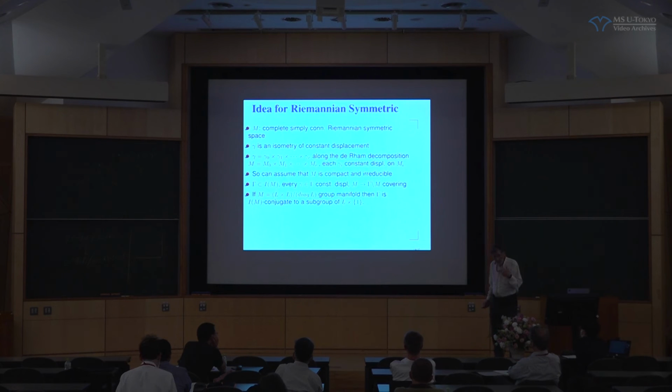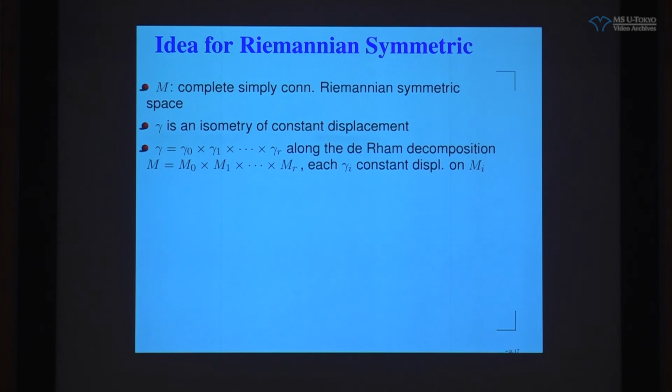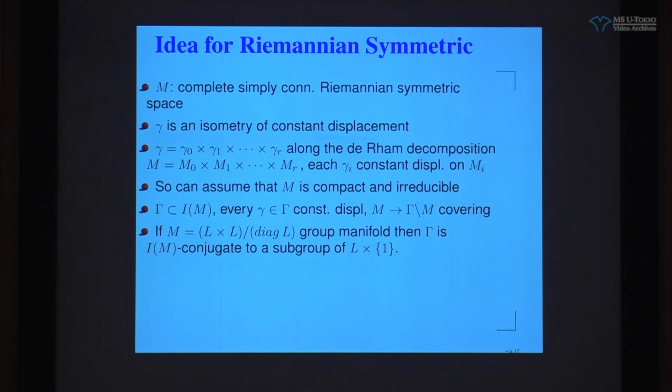Then you have to start looking at inner automorphisms. And then the inner automorphism situation, you could reduce to the case where the element of gamma is a left and right translation.